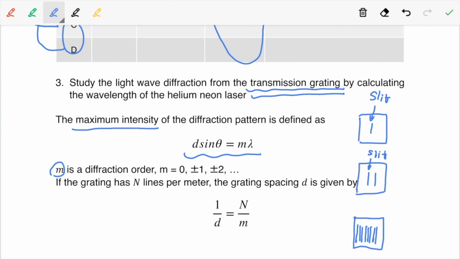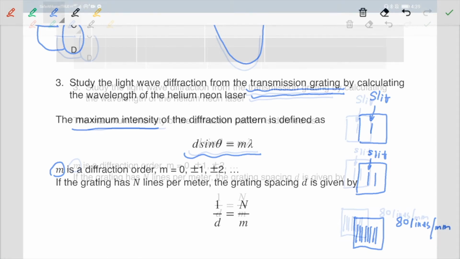So that is the transmission grating. For this lab experiment, I use a transmission grating which is 80 lines per millimeter.